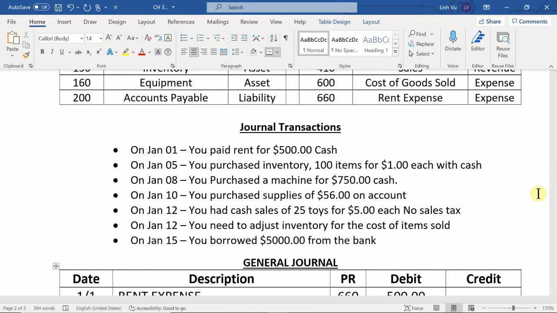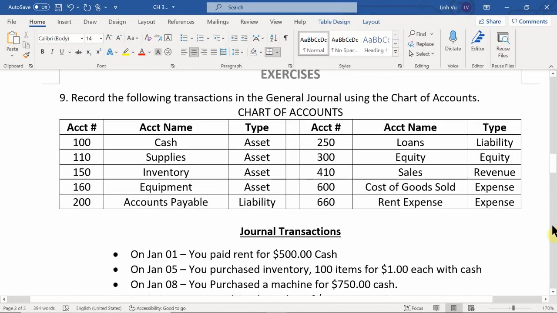Do I have an account called cost of goods sold? Yes, I do. Am I going to debit my cost of goods sold or am I going to credit it?